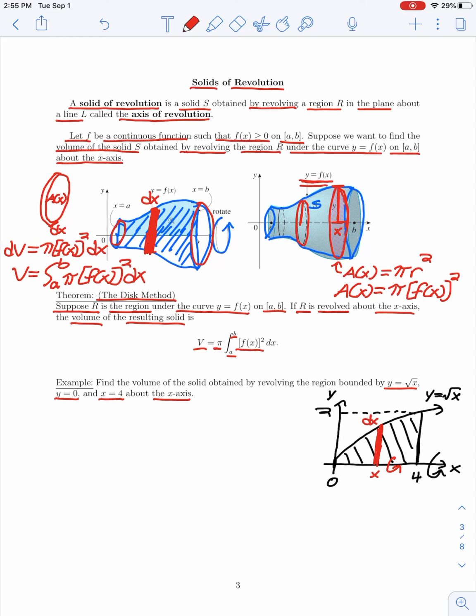Now the radius of that disk is given by the distance from the x-axis up to my curve, which was the curve y equals the square root of x.